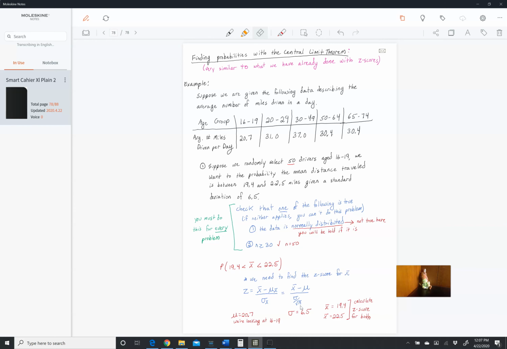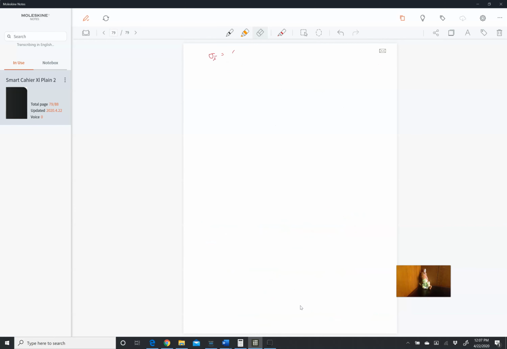Sigma x bar is equal to 6.5 over the square root of 50, which in this case is 0.9. So now we're going to do the z-score for 19.4. 19.4 minus 20.7, which is mu, over 0.9. This is negative 1.4.